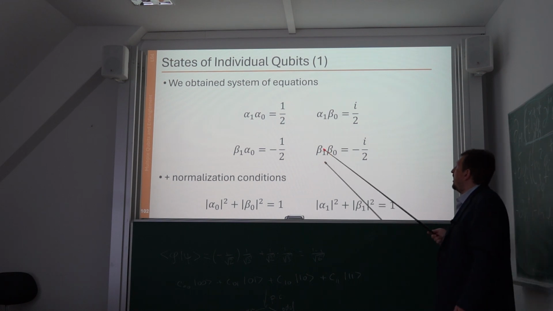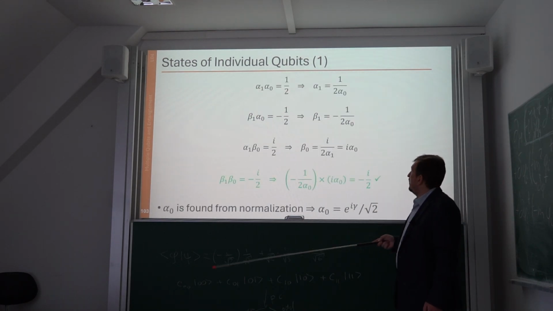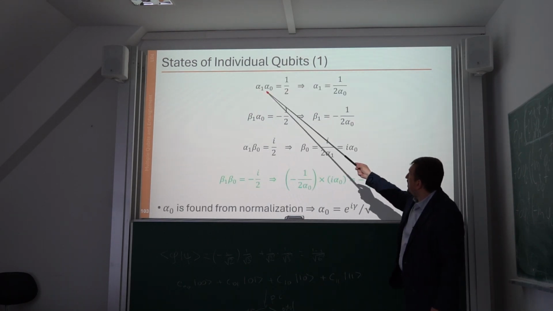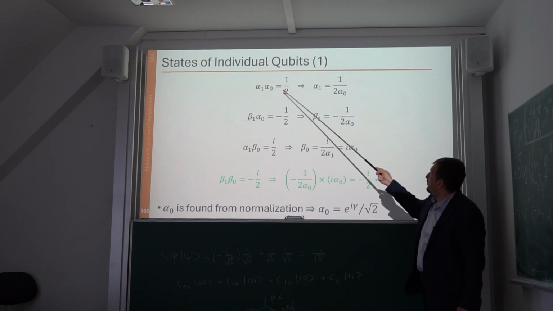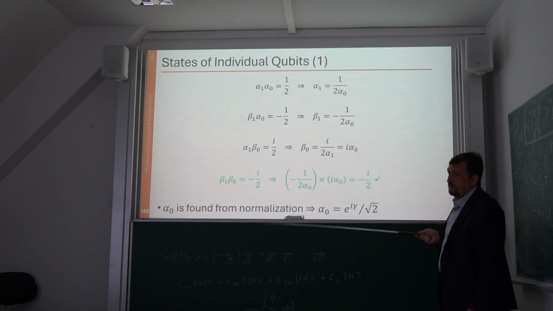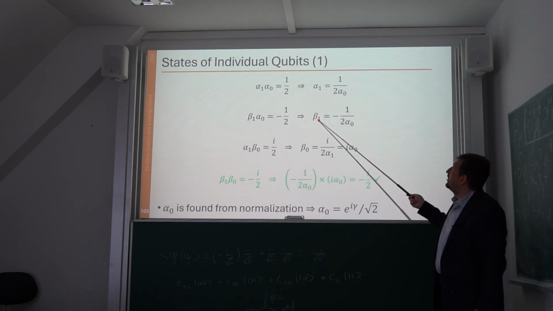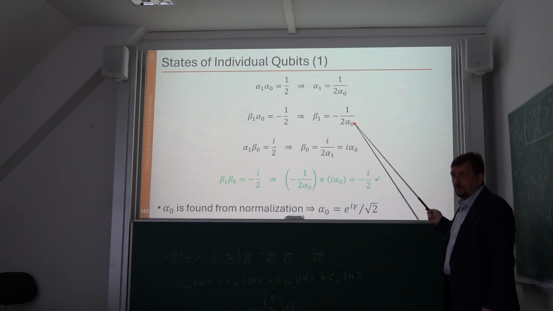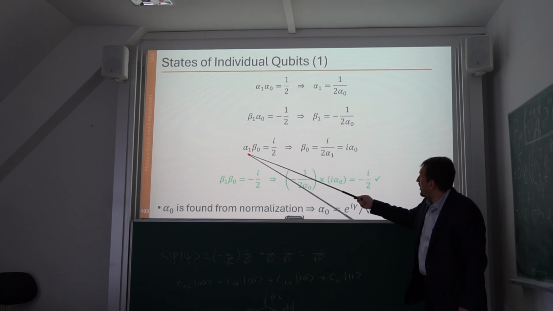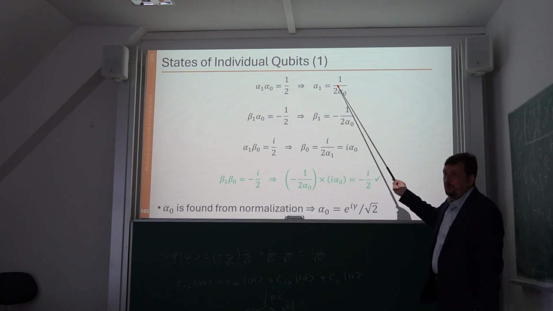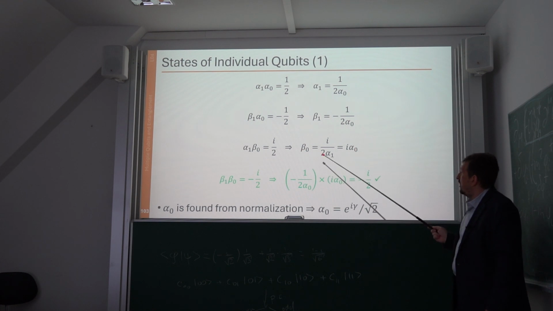For example, I may try to express all these coefficients through alpha 0. From the first equation I can write alpha 1. Well, I solve it. Alpha 1 is 1 over 2 alpha 0. The second equation allows me to write beta 1 as a function of alpha 0. In the third equation I have alpha 1, which I already know, so I can find the third coefficient.